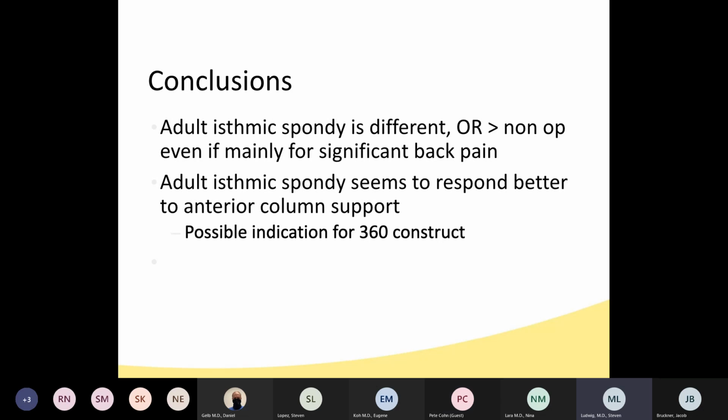Potentially more complications, although the data doesn't necessarily support that as an A-level type of recommendation. But the reality check, especially when you're in your learning curve, is that an interbody graft, depending upon what graft you're using, how many, if you're doing a PLIF or a TLIF, can add between $3,000 to $7,000 worth of added cost, right? And if it doesn't necessarily get your patient out of the hospital that same day, it's going to be a really, really tough time to show the value in your procedure, right?